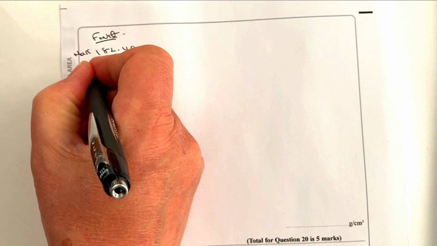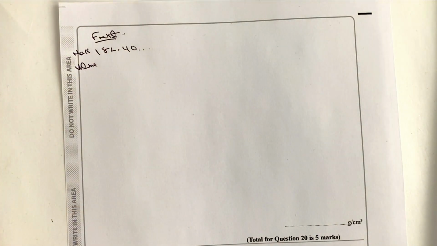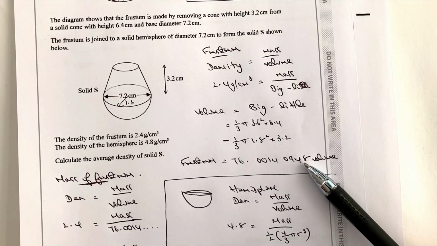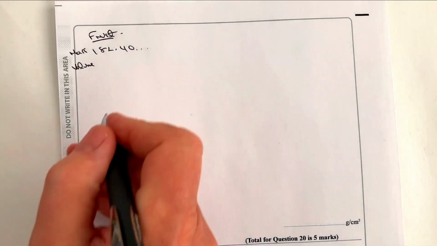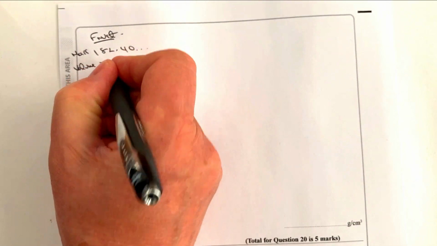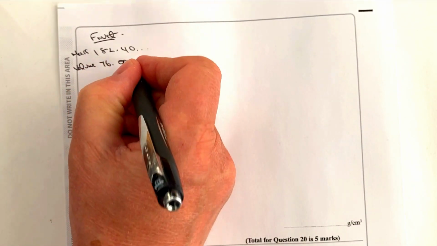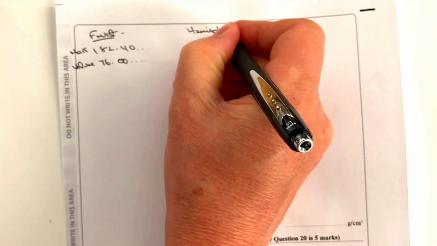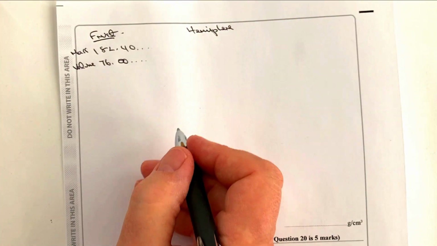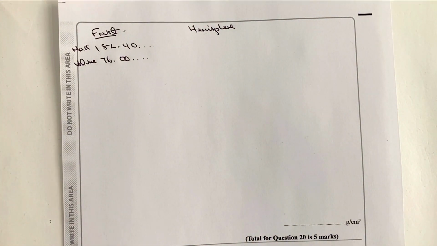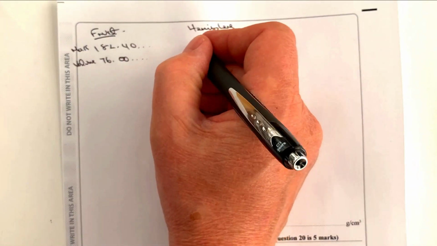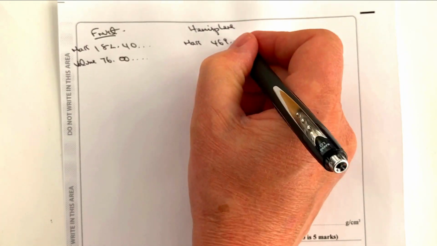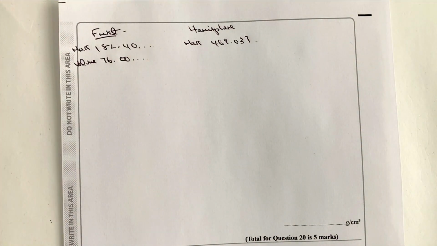And the volume, which we worked out on the very first calculation, is going to be this one here, 76.00... Then we've also got the hemisphere, and we worked out the mass of the hemisphere as 469.037.